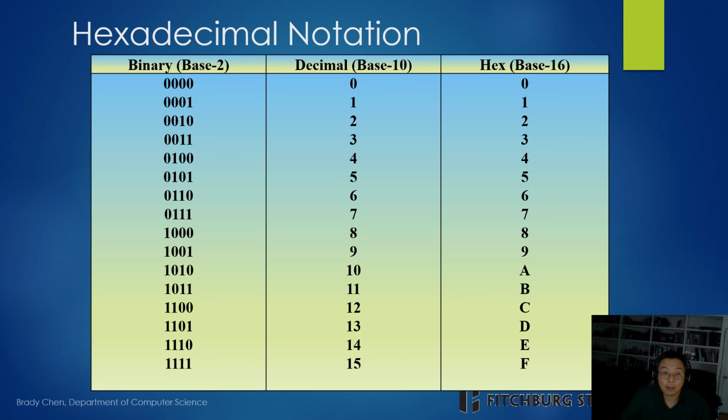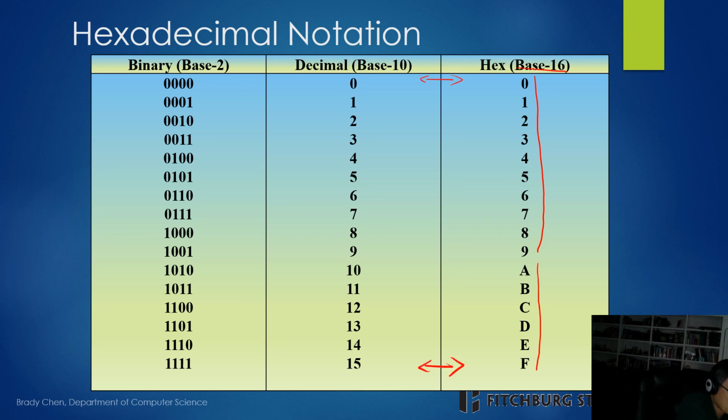If you look at this notation, you're going to see that it starts from 0 all the way to 9, and then for number 10 we use A, 11 B, 12 C, 13 D, 14 E, and 15 F. So basically it's a numeral system from 0 to 15, a total of 16 symbols. Now the middle one is the corresponding decimal system. Okay, decimal numbers. So here's the mapping.